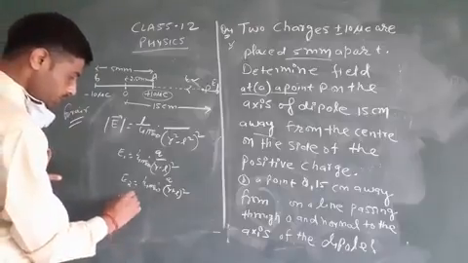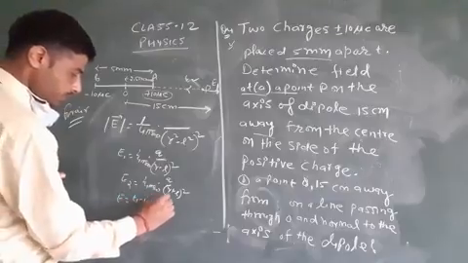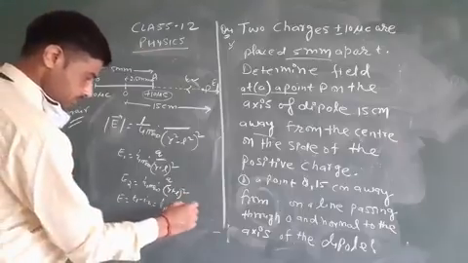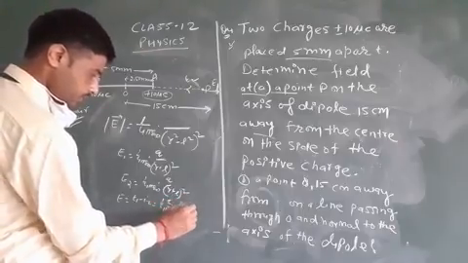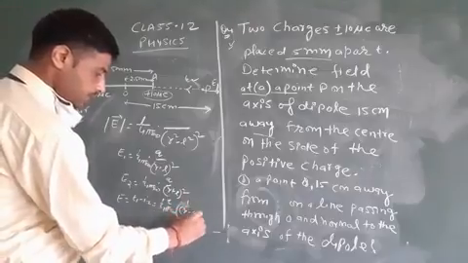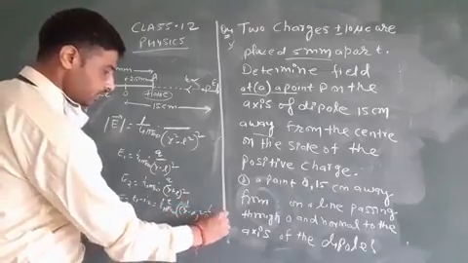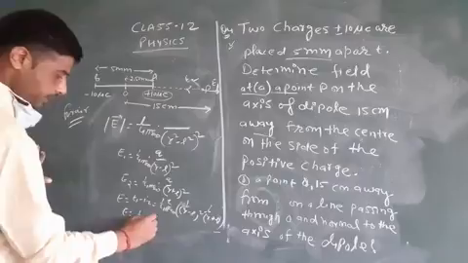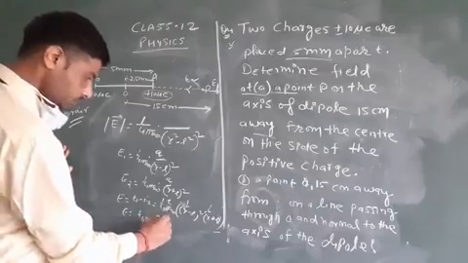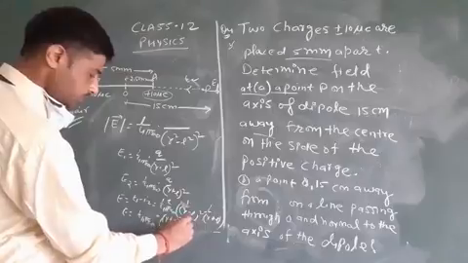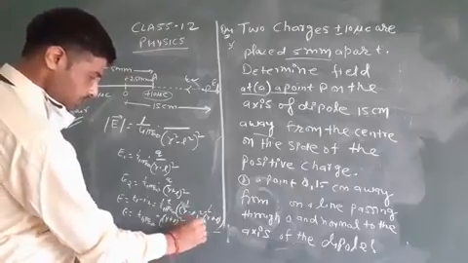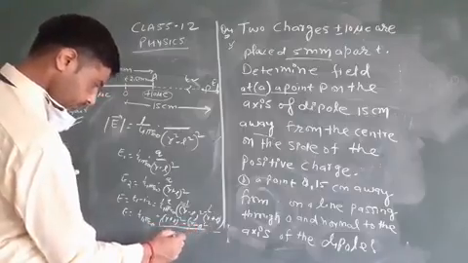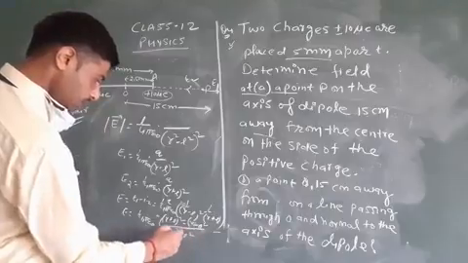When you solve, E equal to E1 minus E2, 1 upon 4 pi epsilon naught Q is common, so 1 upon (R minus L) square minus 1 upon (R plus L) square. So E equal to 1 upon 4 pi epsilon naught Q times (R plus L) whole square minus (R minus L) whole square upon R square minus L square.